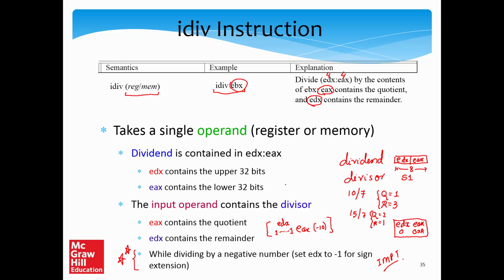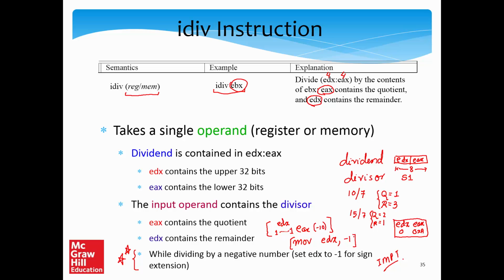Setting any number to all ones is actually very easy. All that we do is move EDX, minus 1. This is all that needs to be done. So if a number is negative and it is fitting within 32 bits and the number is within EAX, all that needs to be done in the case of a negative dividend is that we need to extend the sign of EAX.